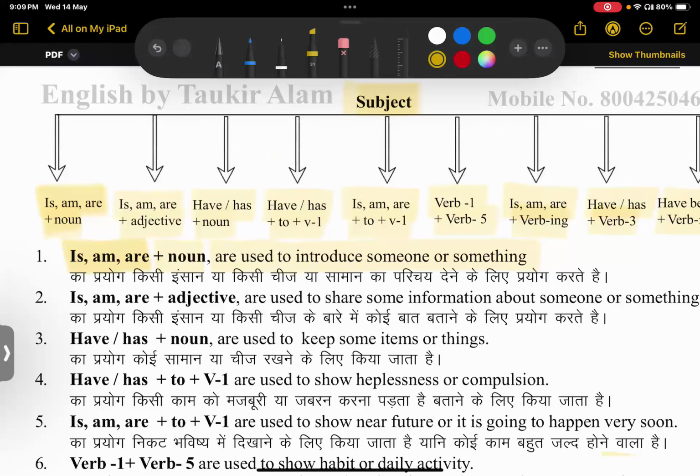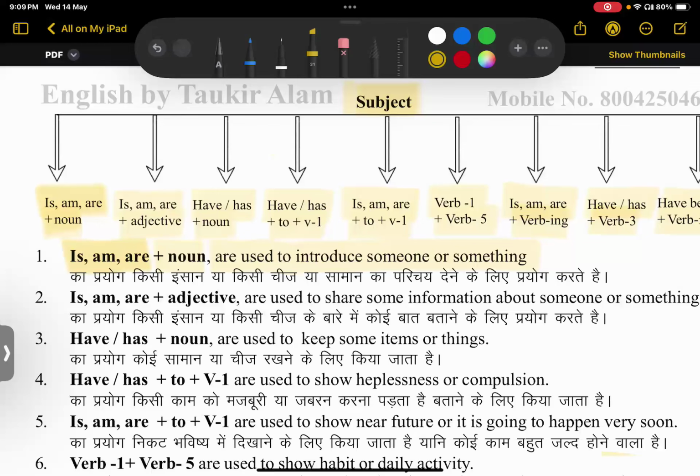In this situation you will use subject is/am/are. If your subject is I, you will say am. If your subject is he, she, it, or any singular number, you will use is. If your subject is any plural number like you, we, they, you will use are. And after that you will speak a noun.